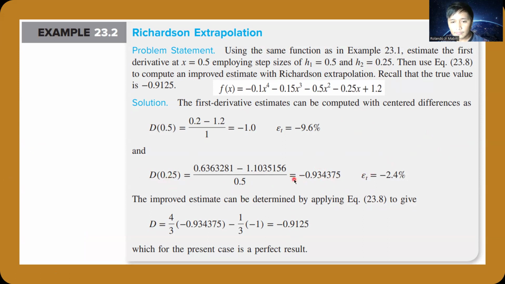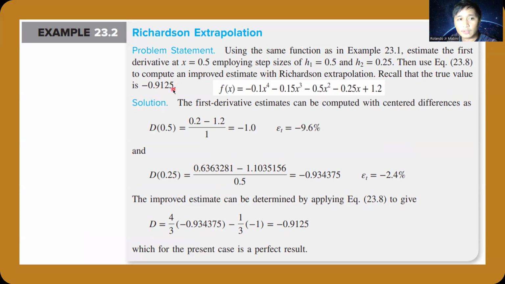So this is derived from the center difference, 0.934375, which is our D of h sub 2. And then for D of h sub 1, this is the value -1. Therefore, what we have calculated is negative 0.9125, and this is the true value which is also given.